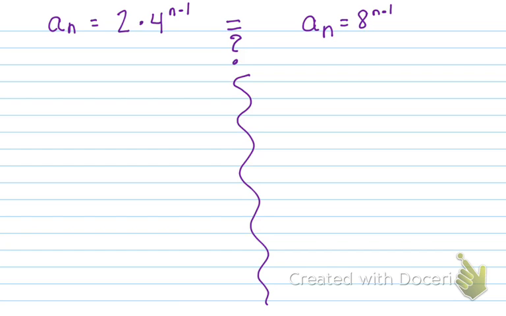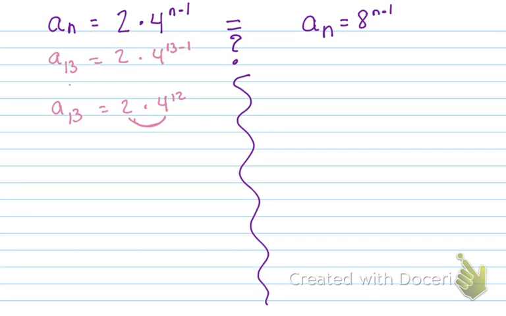So let's say I ask you to find the 13th term. Oftentimes what people think, if we're putting in 13, we would have a sub 13, and we'd have 2 times 4 to the 13 minus 1. So we'd have a sub 13 equals 2 times 4 to the 12th. Do not make a mistake and multiply these first. Remember, exponents get done first.